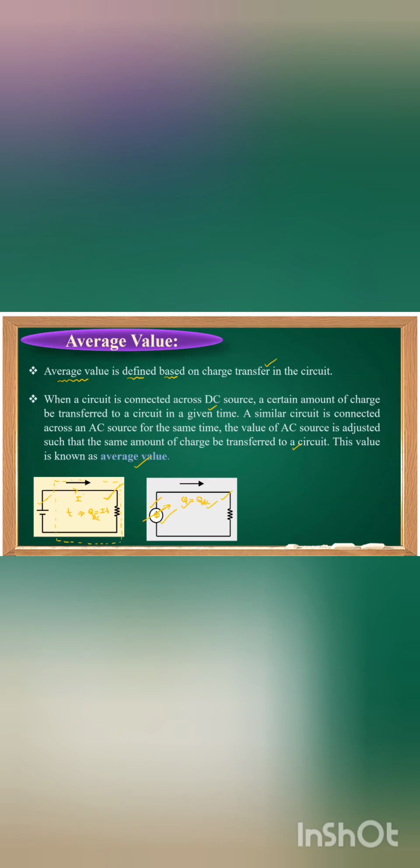Whatever value we adjusted to, that value is called the average. That's why I'm saying that the average value is defined based on the charge transfer in a circuit. But the RMS value concept is different. The RMS value is defined based on heat dissipation, but the average value is defined based on the charge transfer.